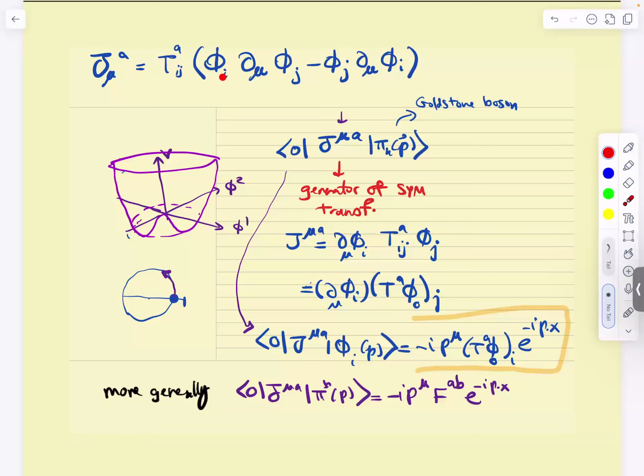Because if you expand phi, put in phi 0 plus delta phi, the lowest order term that pops out is this. All right, now put this inside this correlator. What do you find? You find that this correlator is minus i p mu T^a phi naught times i e to the power minus i p x. Good.